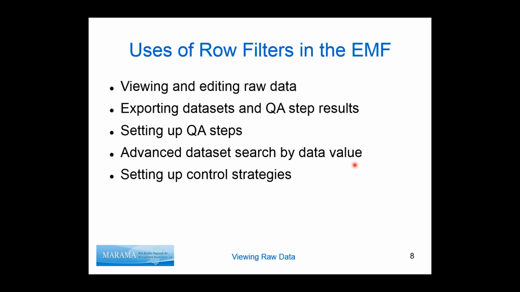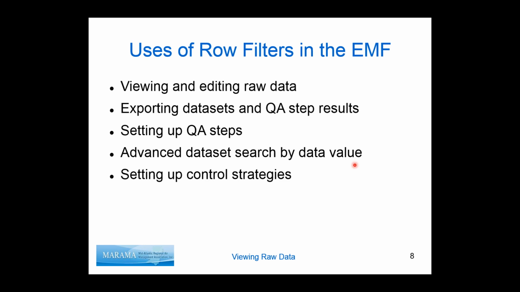You may have seen this, we talked about the advanced data search back in the first webinar. This is a way of finding data sets by more sophisticated things, like by description, or you can match by project. It has a feature where you can find data sets by data values, and you use the same row filter syntax in that search.